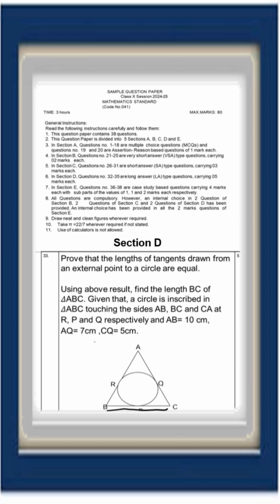Given that a circle is inscribed in triangle ABC, touching the sides AB, BC and CA at R, P and Q respectively, and AB is equal to 10 centimeter, AQ is equal to 7 centimeter, CQ is equal to 5 centimeter.